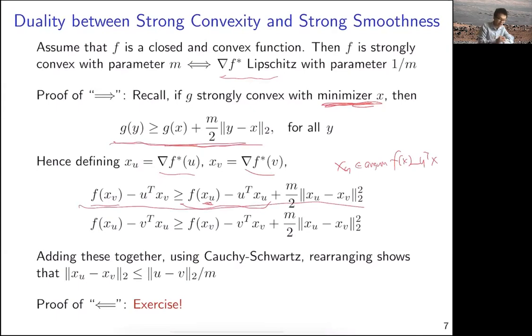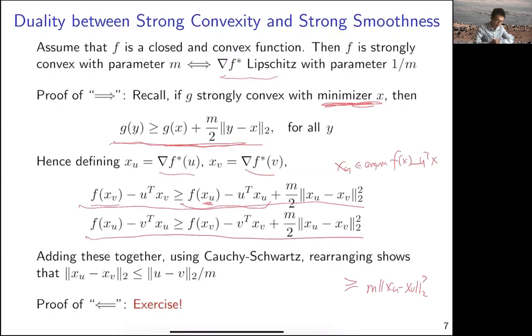So similarly, when we swap u and v, we can write the same equation by simply applying strong convexity. Now let's add things up. Let's add the two equations up, and on the right hand side, we'll get m xu minus xv squared. And then if we move things around, first of all this f would get canceled out, so we won't have any f. Let's move all the other things to the left hand side.